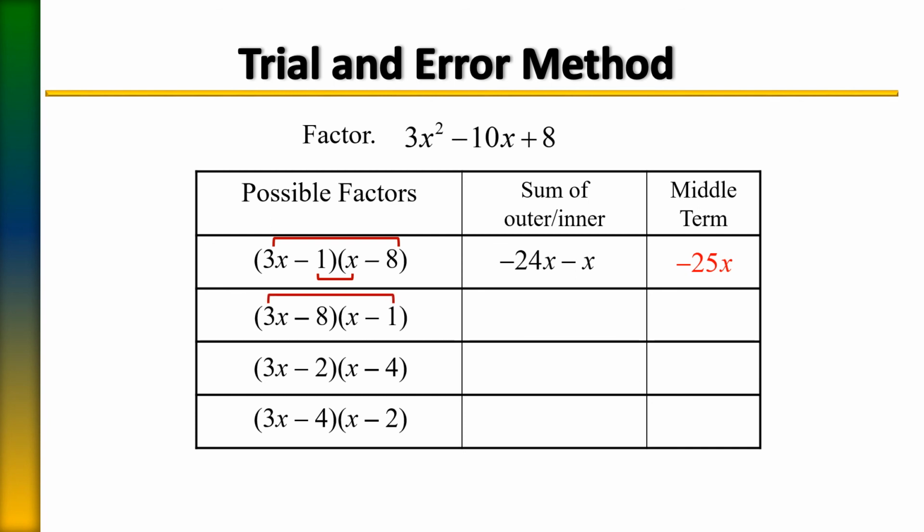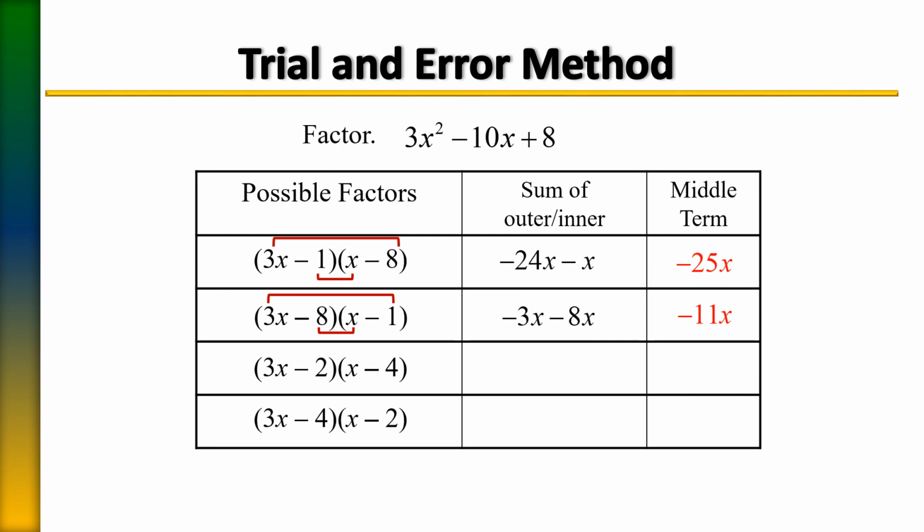Outer, negative 3x. Inner, negative 8x. When you combine them together, that equals negative 11x. That is not my middle term, so that can't be it. Let's try the pair of 3x minus 2 times x minus 4.